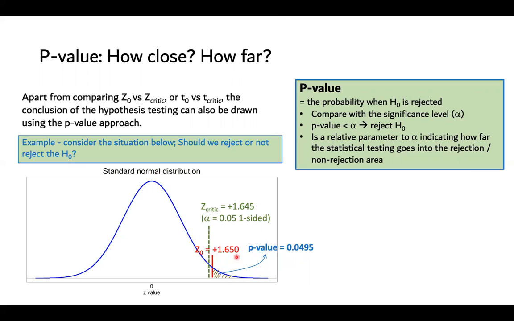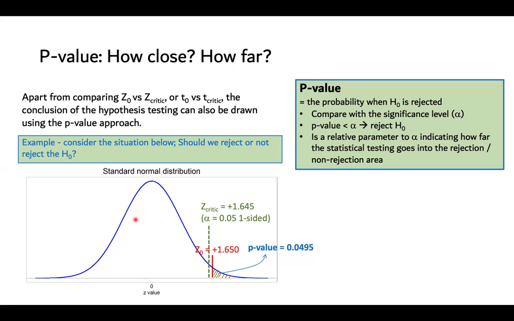Let's say you are in the rejection area, and your calculated z is 1.650. So you will say, okay, I'm in the rejection area of H null, so there is sufficient evidence to reject H null.